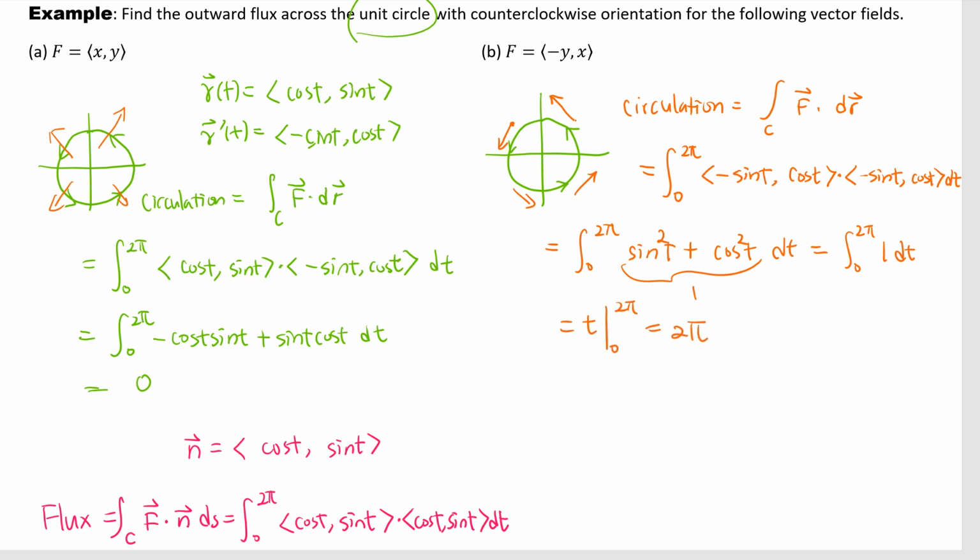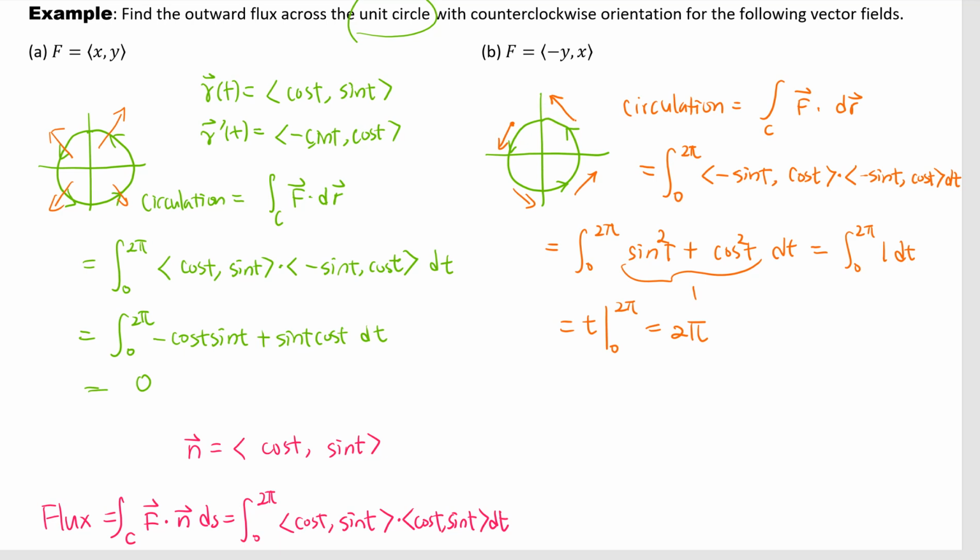So that is 2π. Okay, so that's the circulation, because at each point our vector field is going in the same direction as the curve. So that's why we have a positive orientation. I mean, positive flow, or circulation.